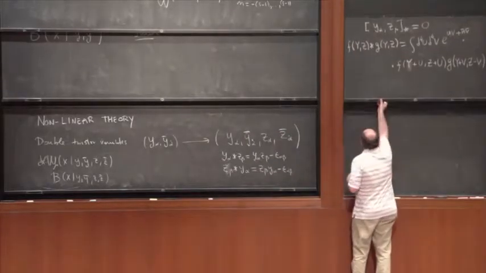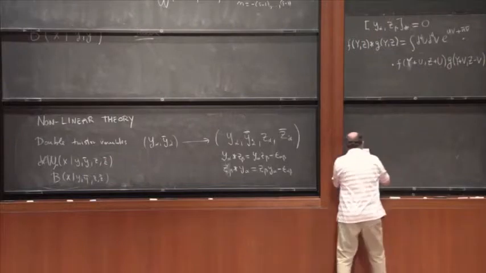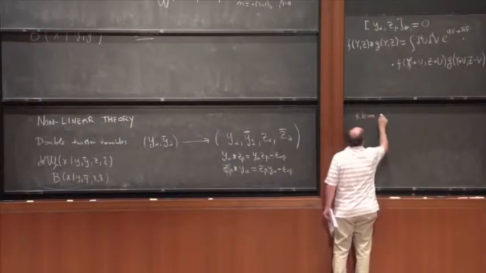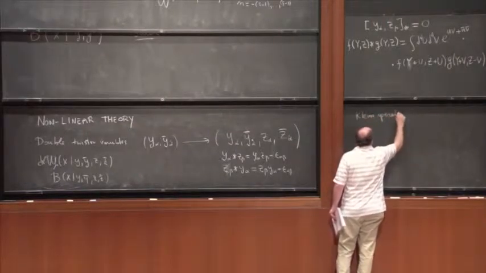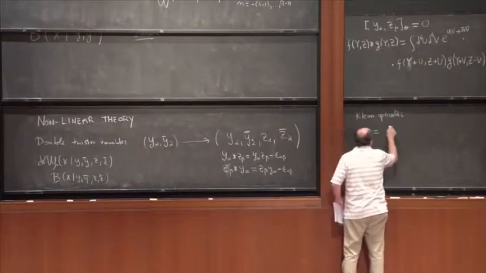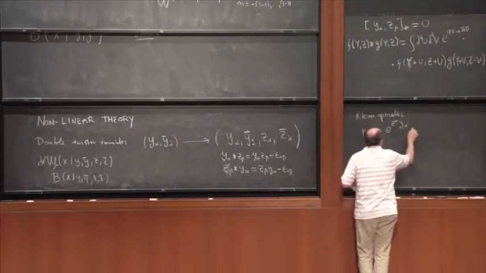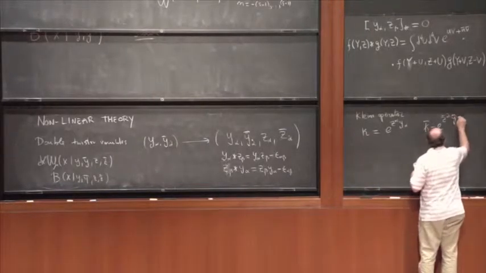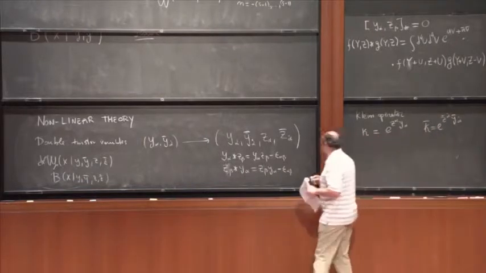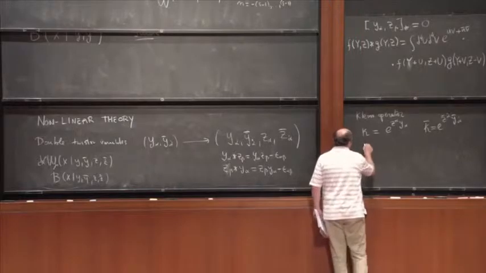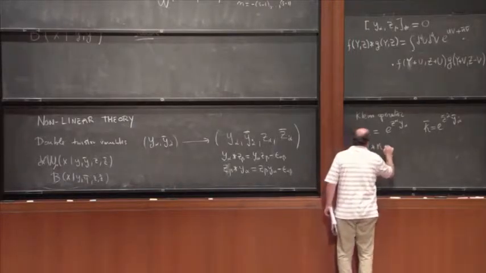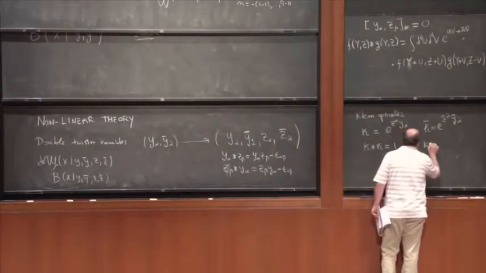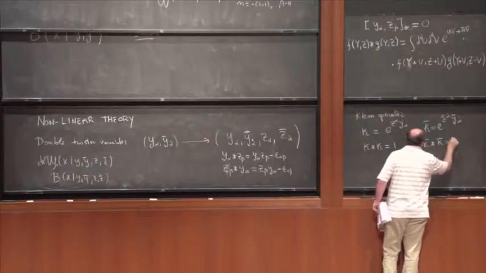One property of this star product is that it admits a special object, which is usually called the Klein operator, and its complex conjugate. So just an exponential built on z and y. This object satisfies, which you should check as an exercise, k star k equals 1, and the same for the bar.